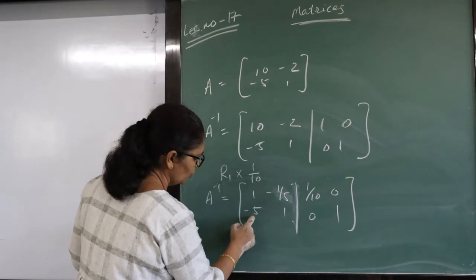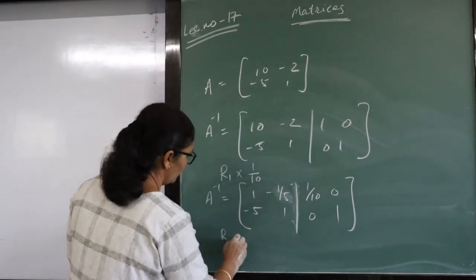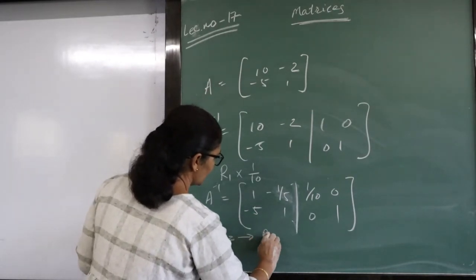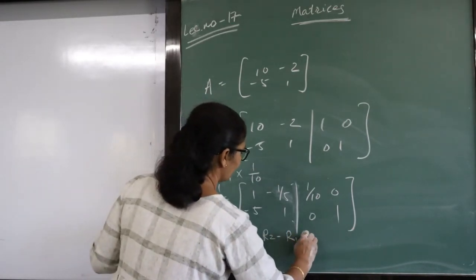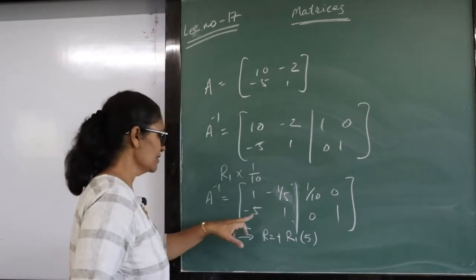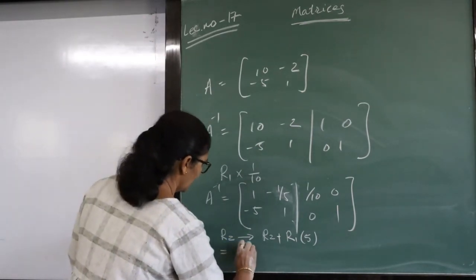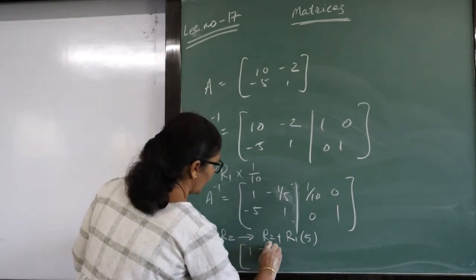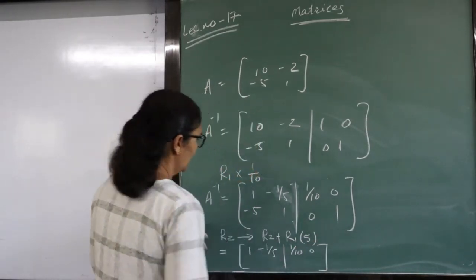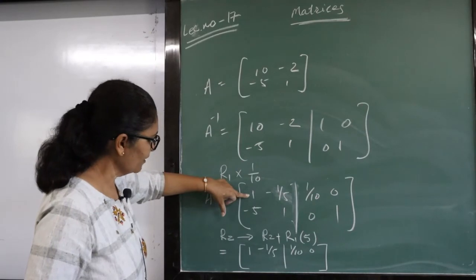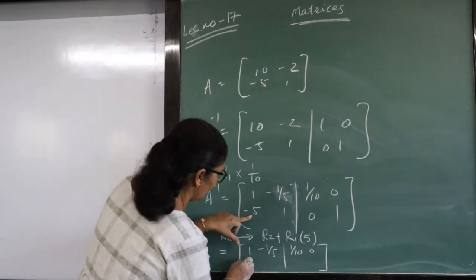Now we want to remove this. So I will make a change in R2: first row multiplied with 5 and added to the second. So what will you get? Check it. 1, minus 1 by 5, 1 by 10; first row I have written as it is. Now the second: if we multiply with 5, then plus or minus 5 will be 0.